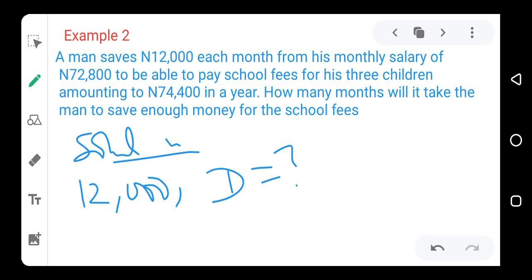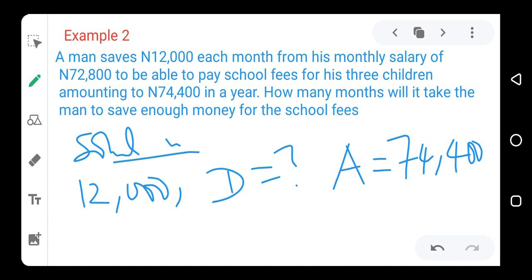Then the amount that is needed to be saved in that duration is 74,400. So amount A is equal to 74,400 naira.